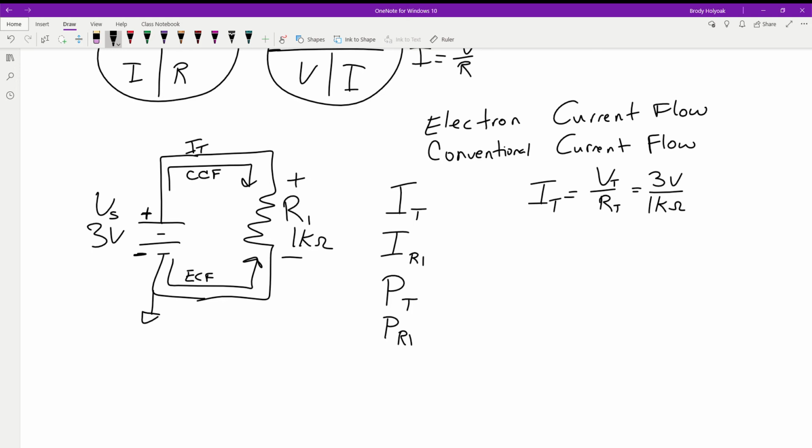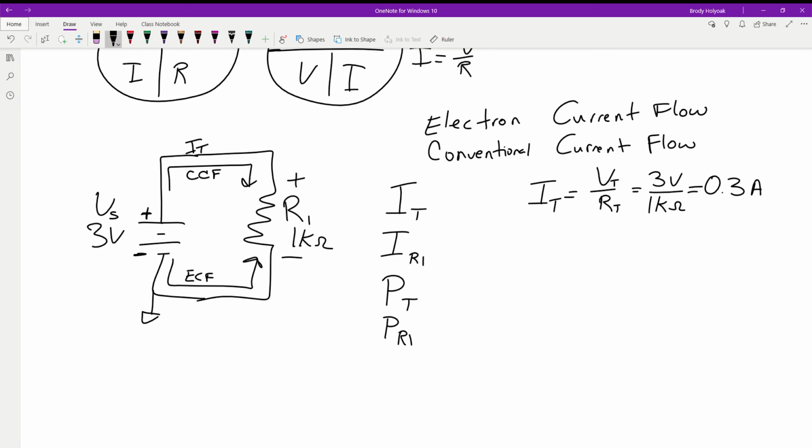So now that we have our formula, what is the current total for this problem? 3 milliamps. So it's 0.3. So 0.3 amps. We can also convert that into milliamps.